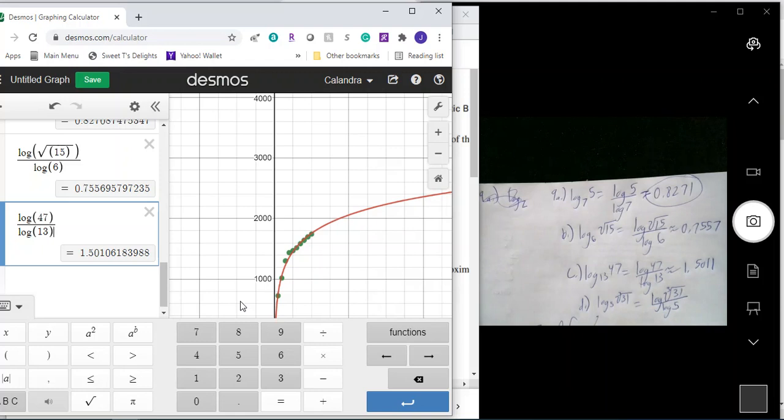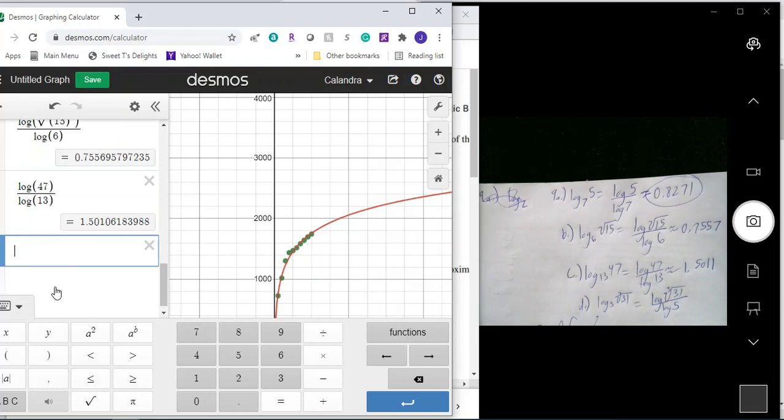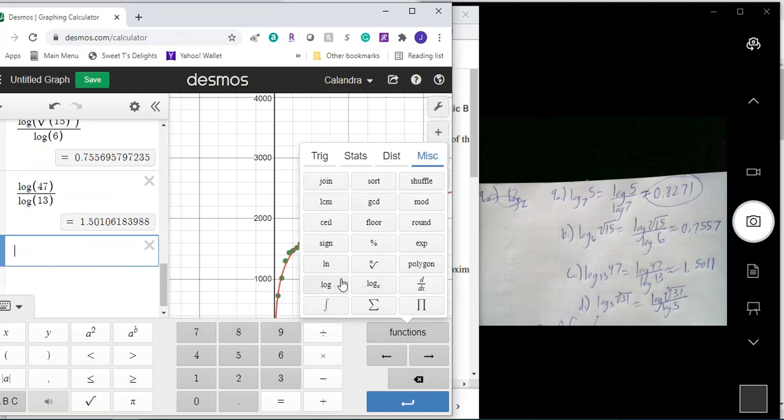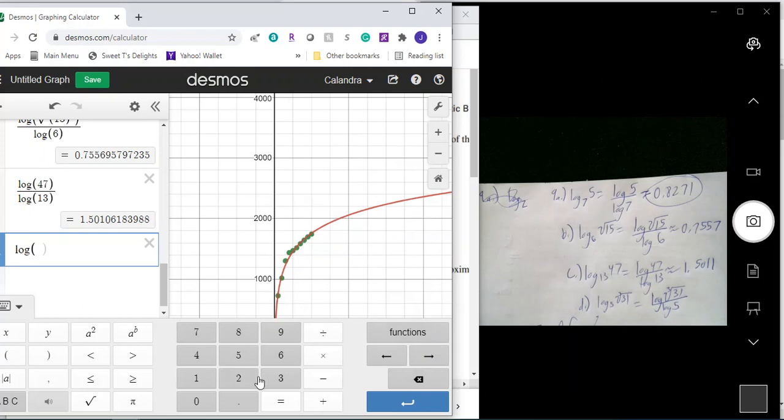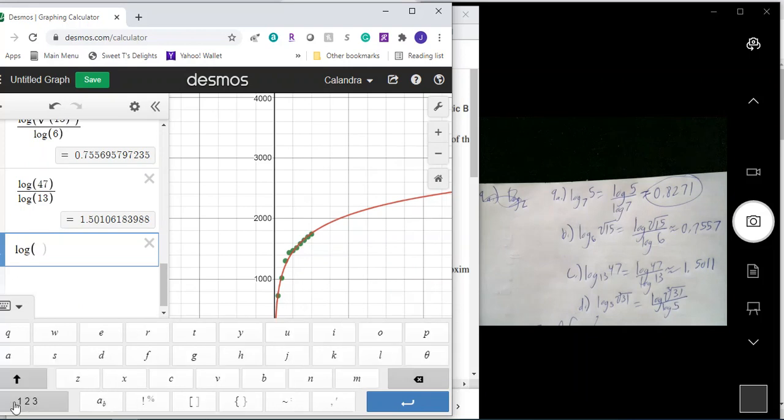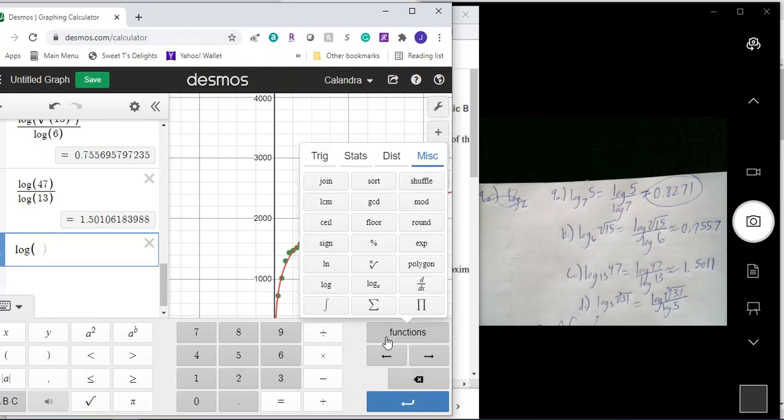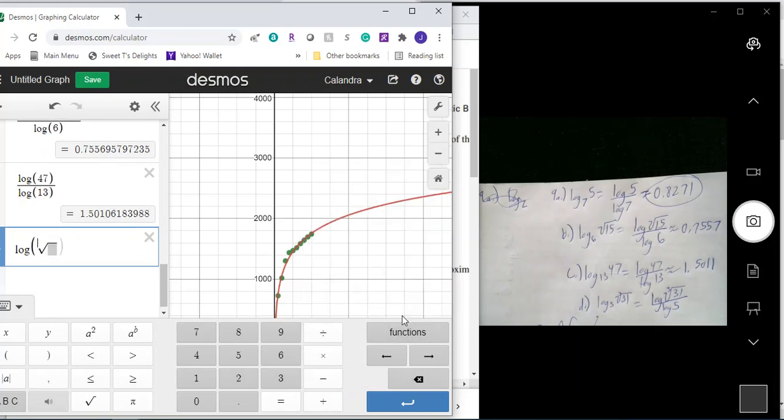Now we go to the last one. We have log. Then we need the cube root of 31. So we're going to have to click here. Wait a minute, let me go into functions. Yeah, we're going to have to do this nth root. So that'll be the cube root of, what was that, 31.